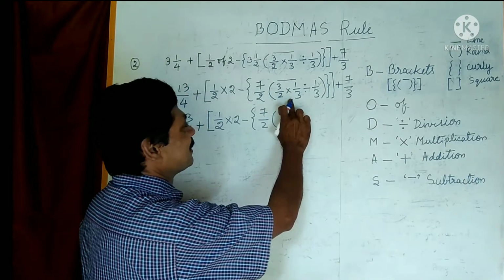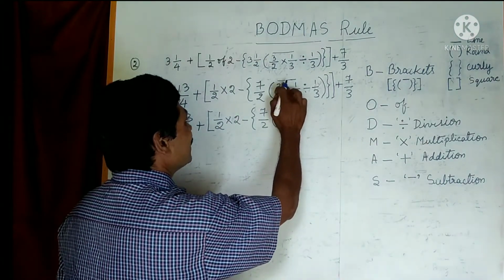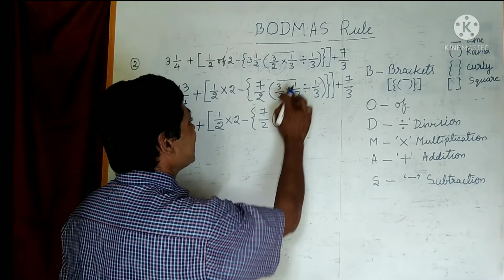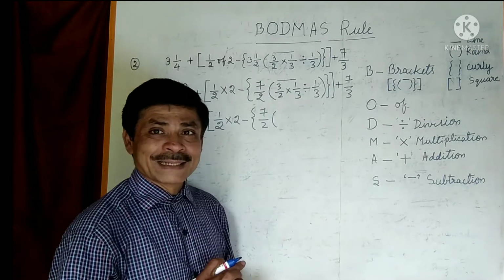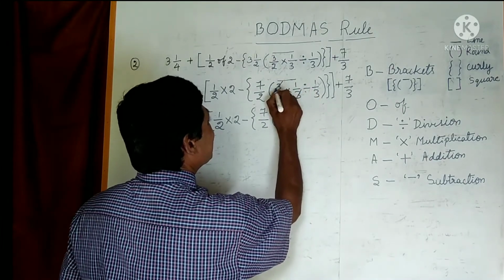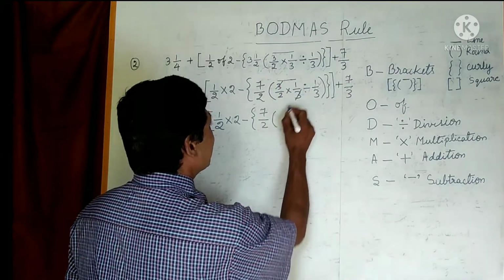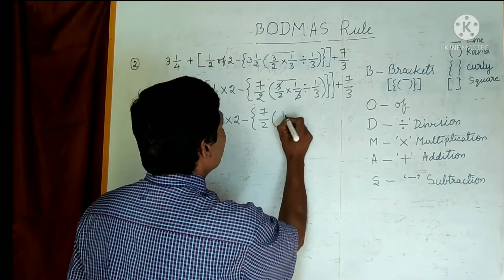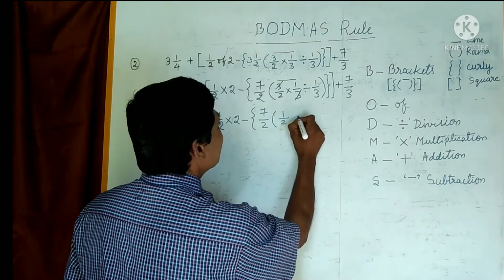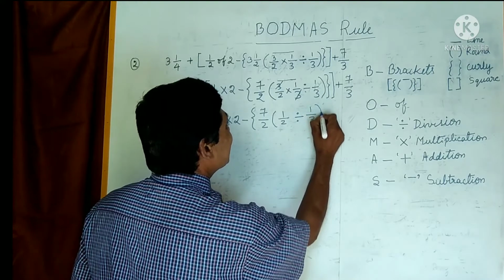Now we will solve the line bracket. Here is a multiplication sign, so 3 1s are 3, 3 2s are 6, or you can directly make it 3 1s are 3, 3 1s are 3, so what remained? 1 by 2 remained, divided by 1 divided by 3.